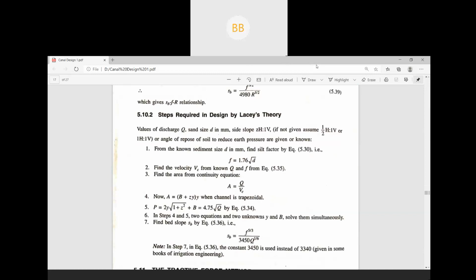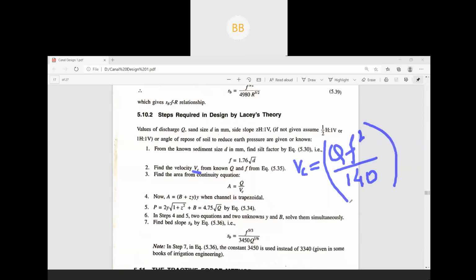Here in the second step, we are going to find the velocity using this equation: Vc is equal to (q f square divided by 140) to the power 1 by 6. So you are using this expression to find the velocity in step number 2.